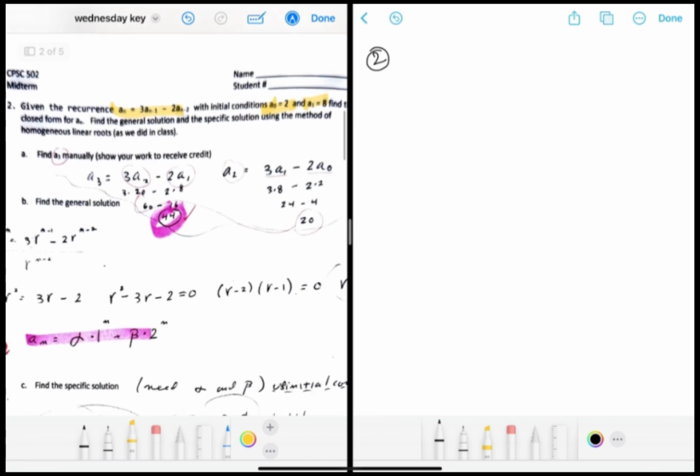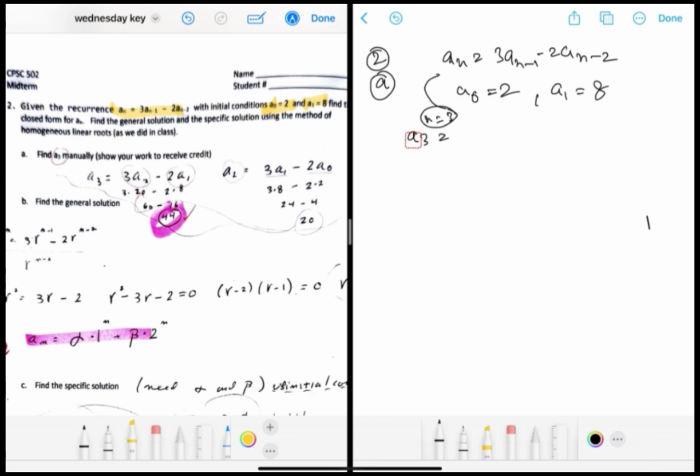The first part is finding the value of A3 manually. We already have a n equals 3 a n minus 1 minus 2 a n minus 2, and we also have the A0 value and A1 value, which are given in the question. To find A3, we just have to substitute n equals 3 in this equation.